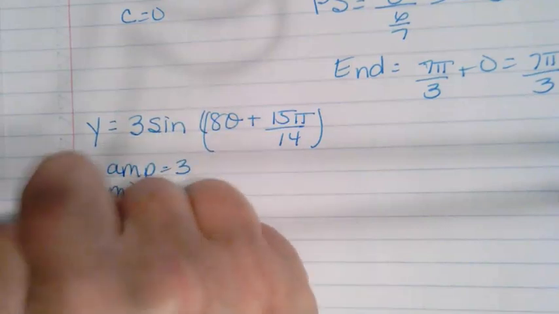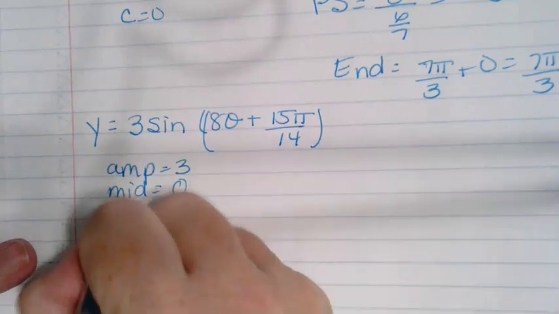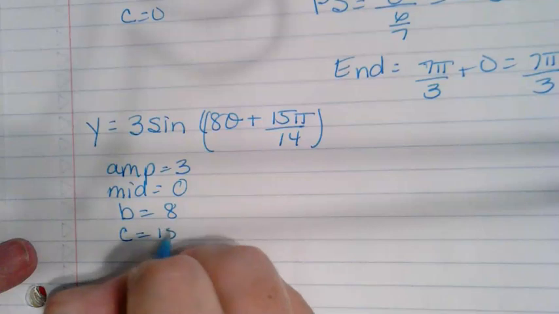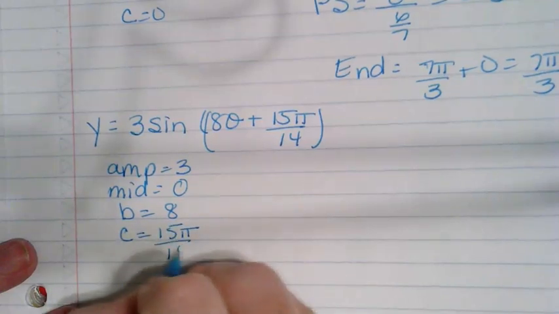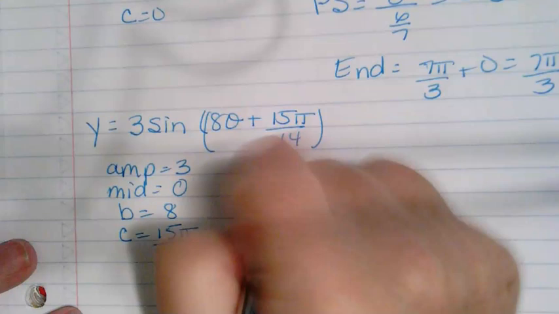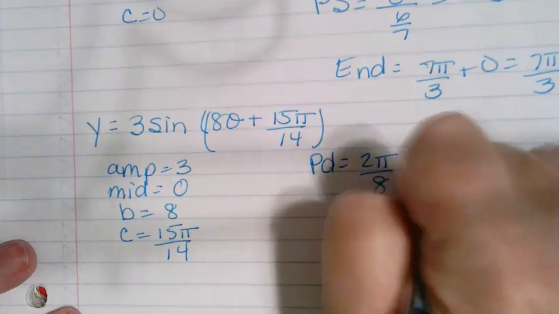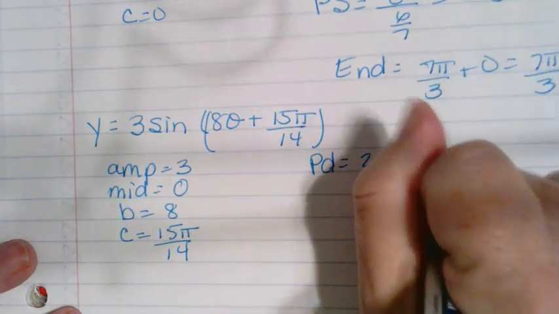My midline, because we have nothing in the back, is 0. B is 8, and C is 15 pi over 14. Okay, so period, 2 pi over 8, which we can reduce to pi over 4.